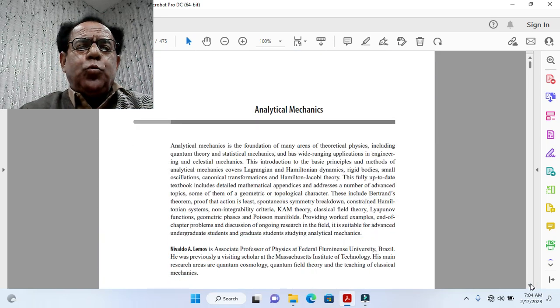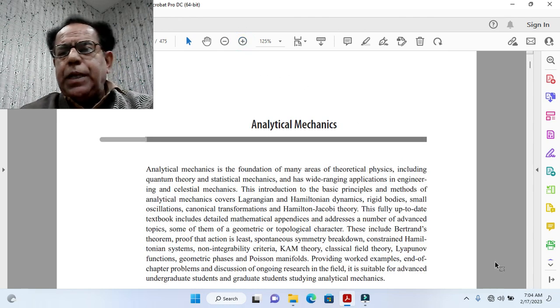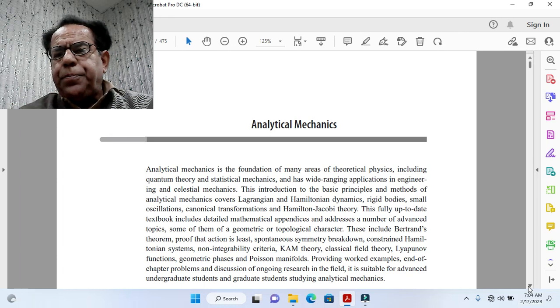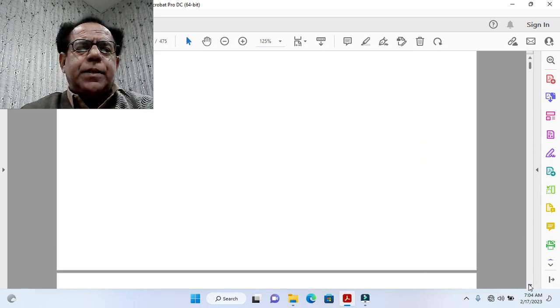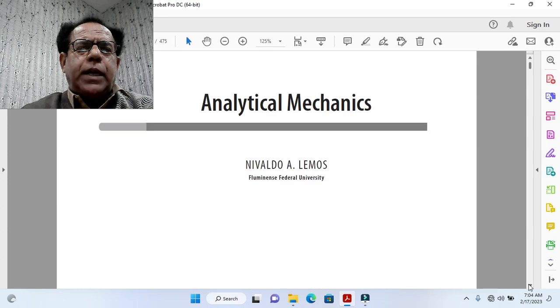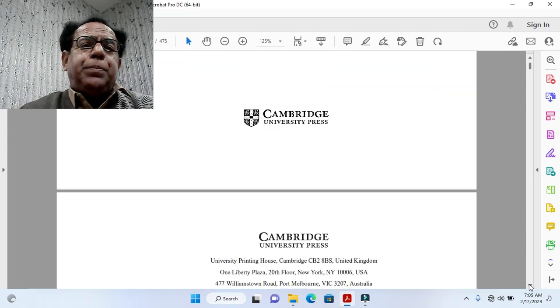Now we are moving towards its contents, and before contents we will find out which publisher has published this book. Analytical Mechanics, Nivaldo A. Lemos, Cambridge University Press.